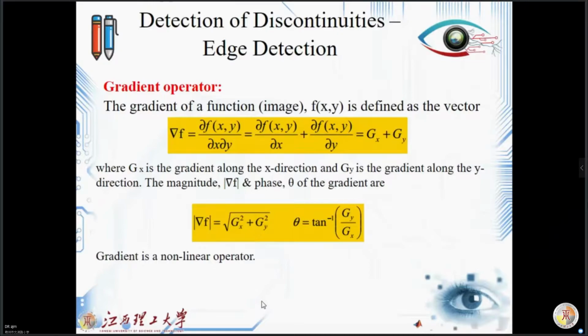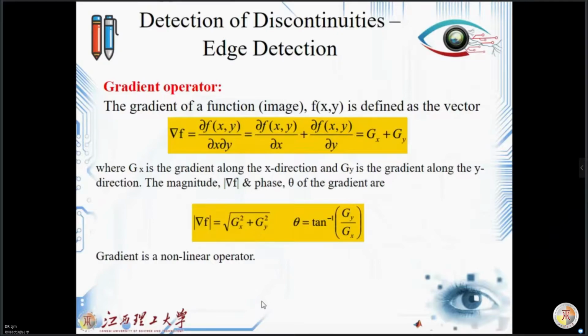To find the magnitude and the phase, you take the square root of Gx squared plus Gy squared, and theta as the inverse tangent of Gy over Gx. This is exactly the mathematics we have in the mathematics course.